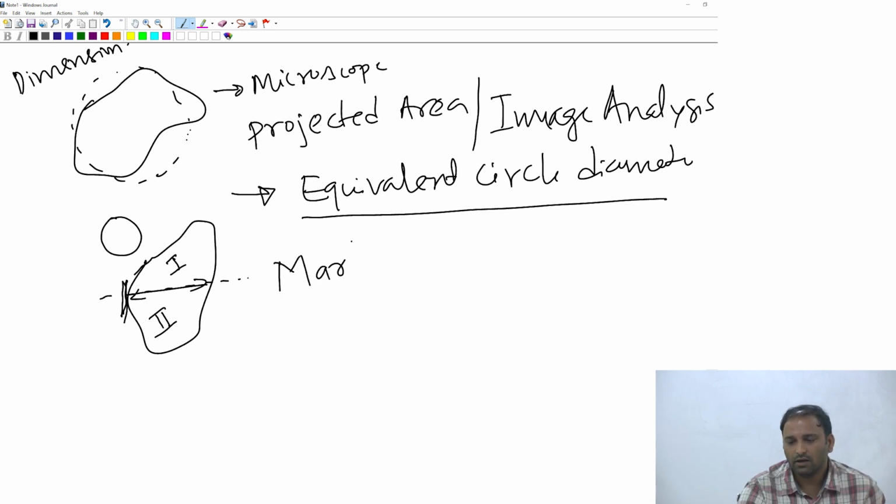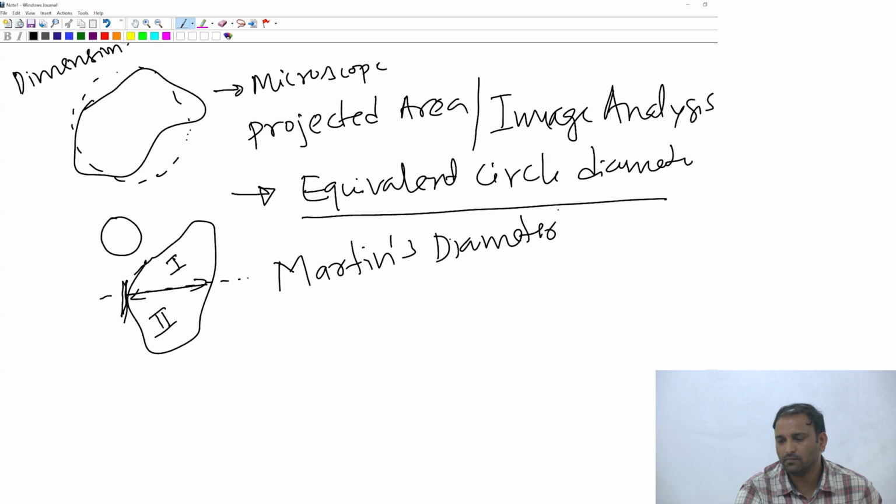In literature this is called Martin's diameter. So you take an object, find a bisector such that the area on the two sides is the same, and find the length of that bisector, which divides the particle into two areas. The dimension corresponding to that is the diameter of the particle.